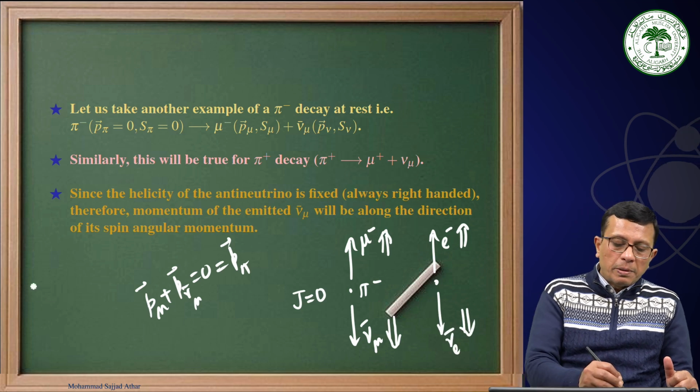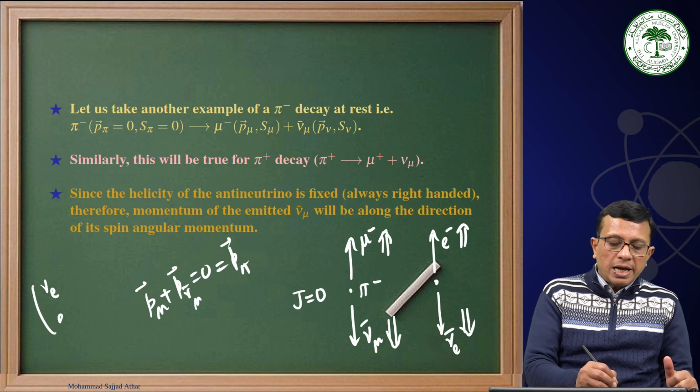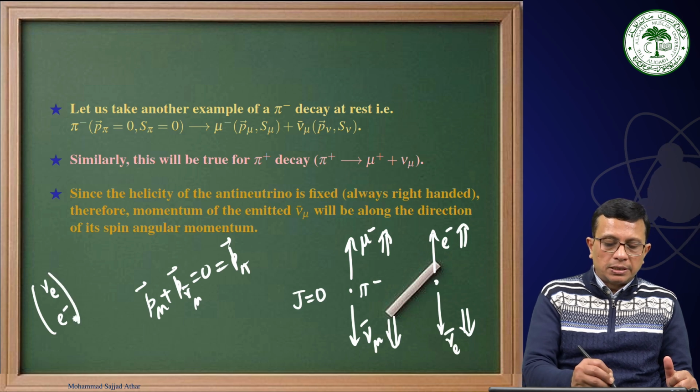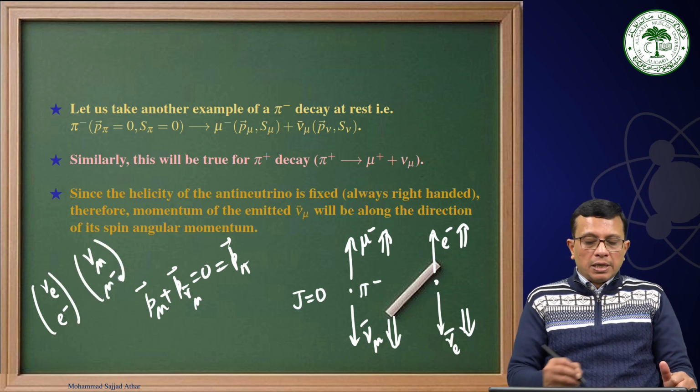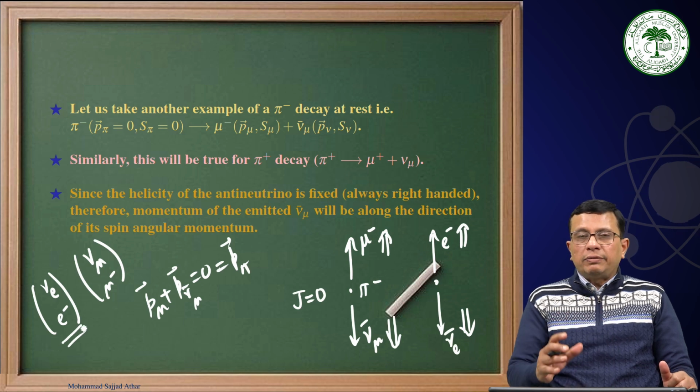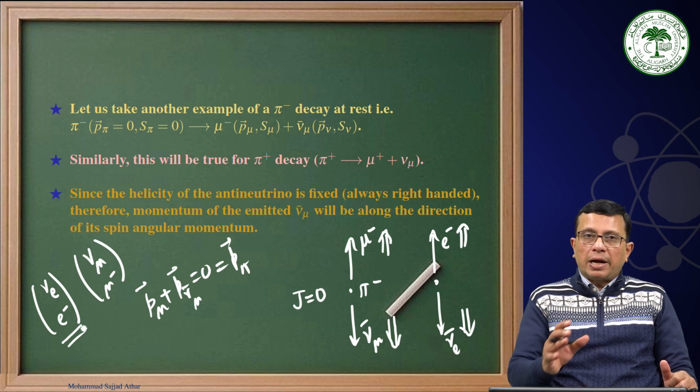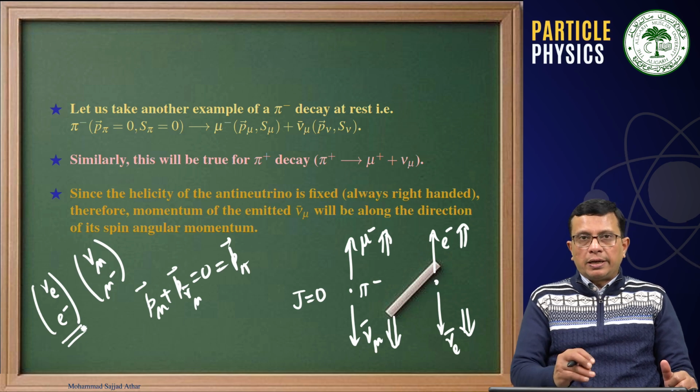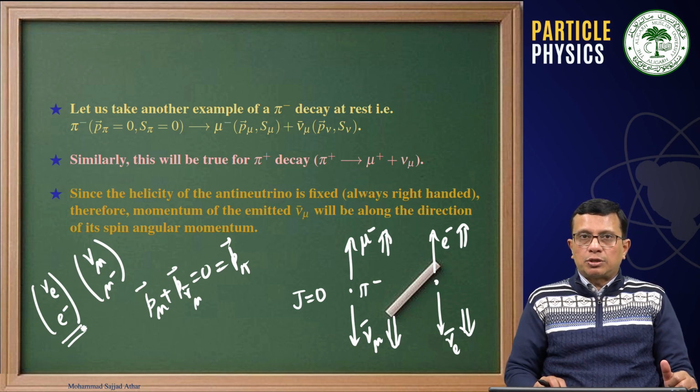This is because, if you remember, we keep nu e and electron in one doublet and nu mu and muon in another doublet. Therefore, particles of the same nature, same type, same kind, were kept in the first generation, then in the second generation, and so on.